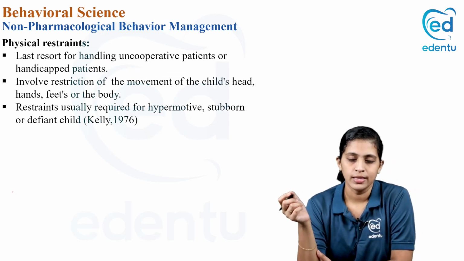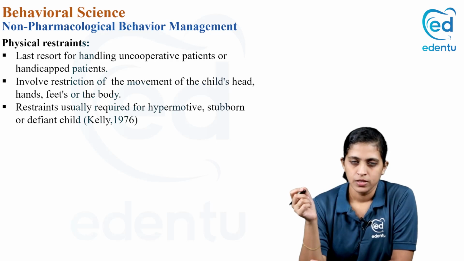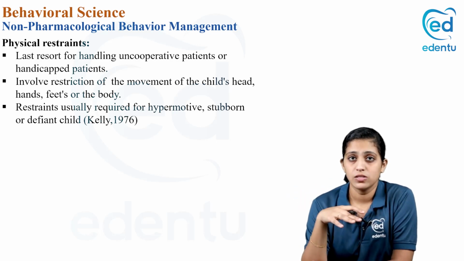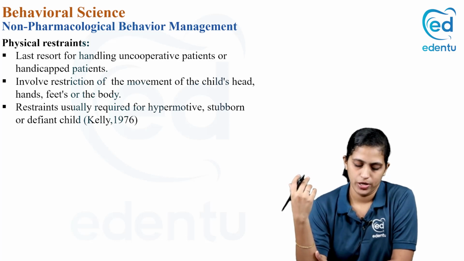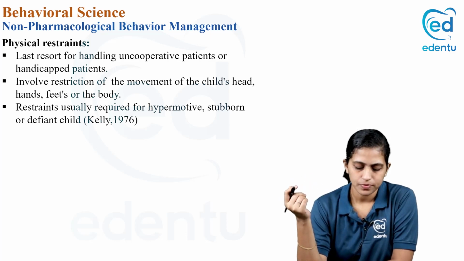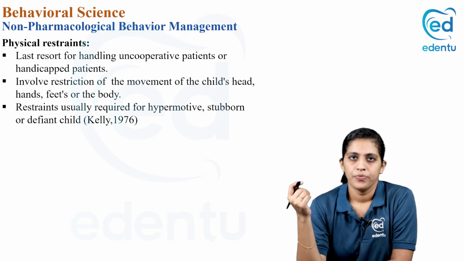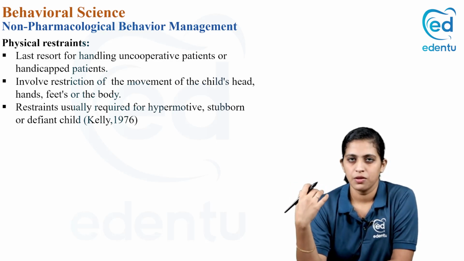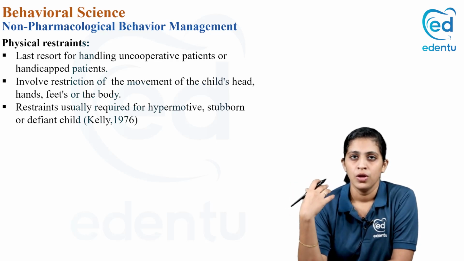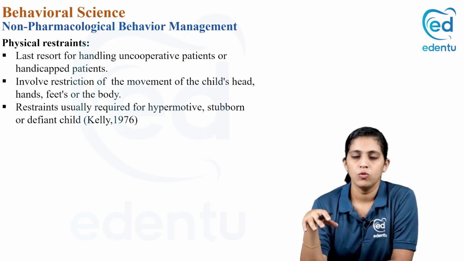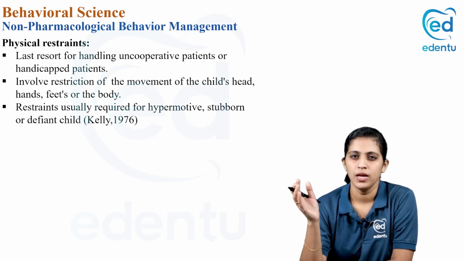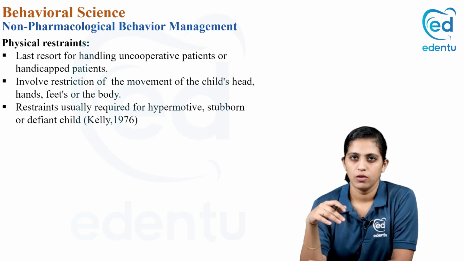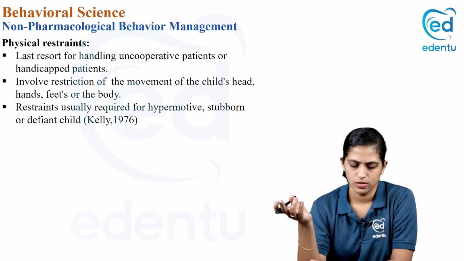Moving on to the next technique, physical restraint. This is the last resort for handling uncooperative or handicapped patients. It is not something that we try first. Most of the time, when none of the behavior techniques work, that is when we go into using physical restraints.